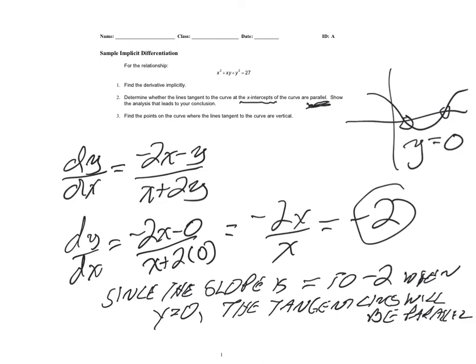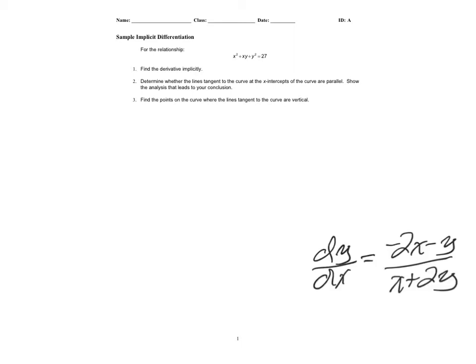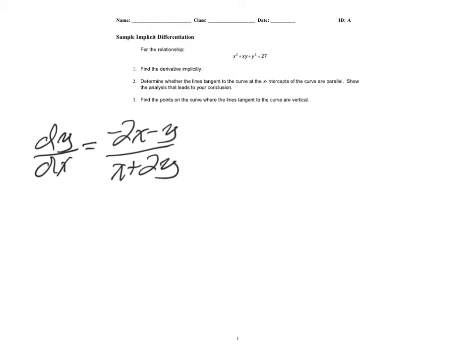Okay. Now let's look at question 3, or part C in a free response. Here we go. We want to find the points on the curve where the lines tangent to the curve are vertical.